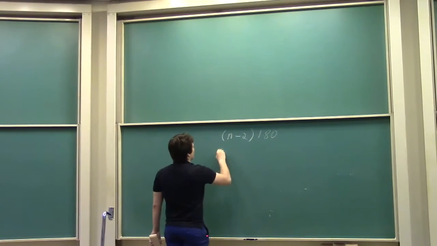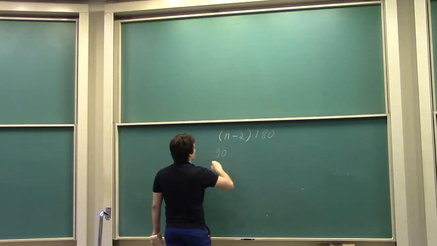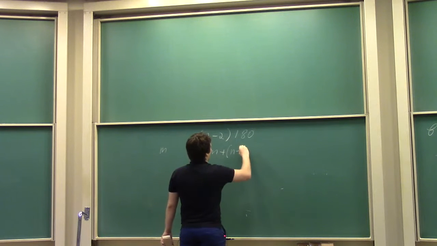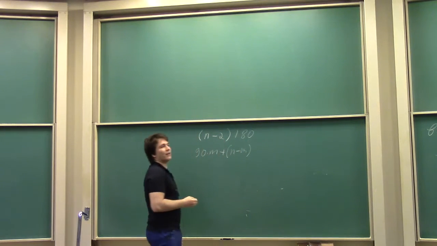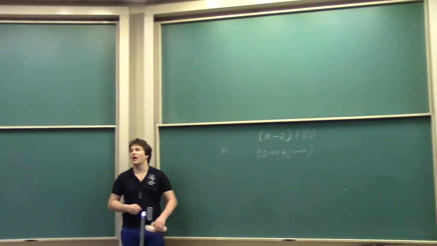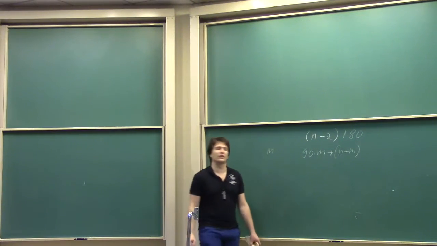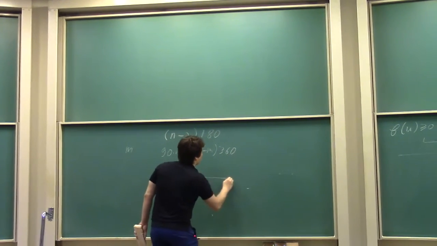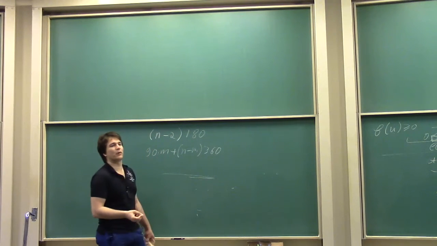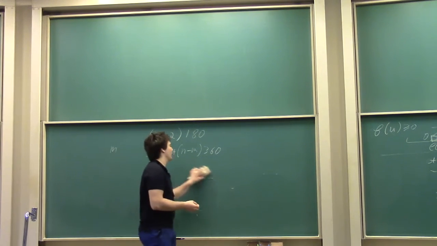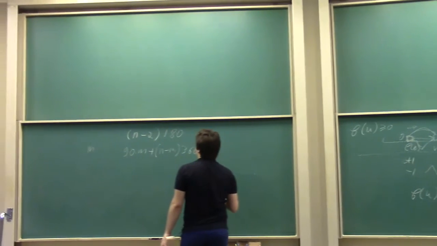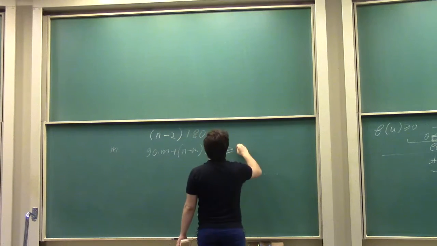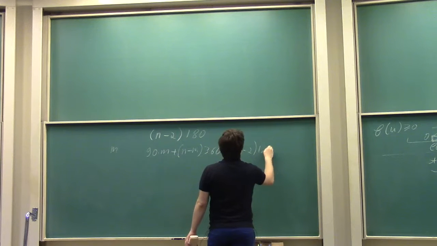So we know that 90 multiplied by m plus n minus m. So okay, let's say that all angles that are not 90 are maximum possible. So I put 360 here. Like I can always find an angle that is as close as possible to 360. And we know that this value is greater than n minus 2, 180.